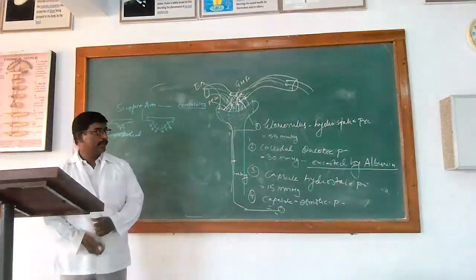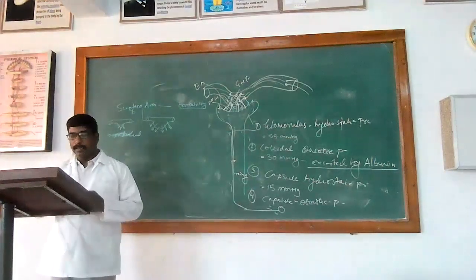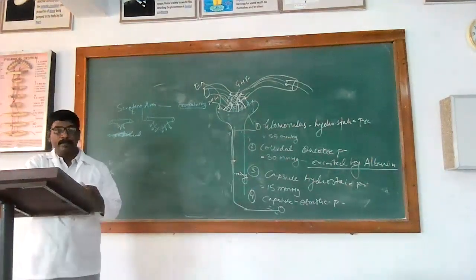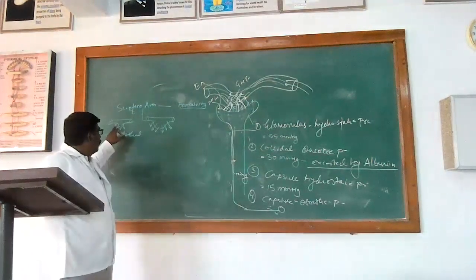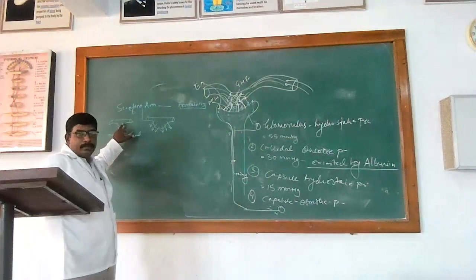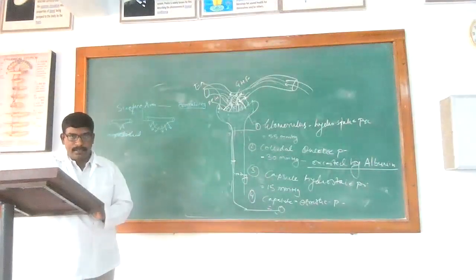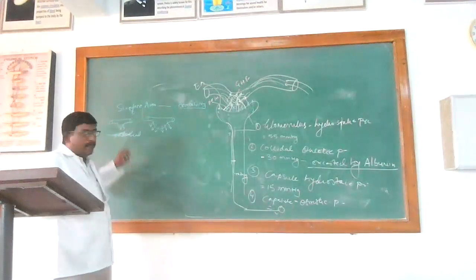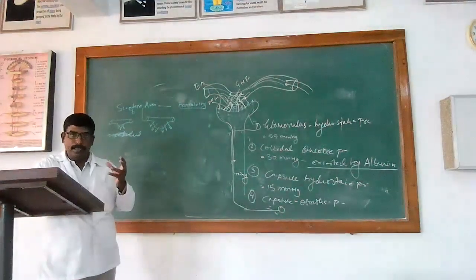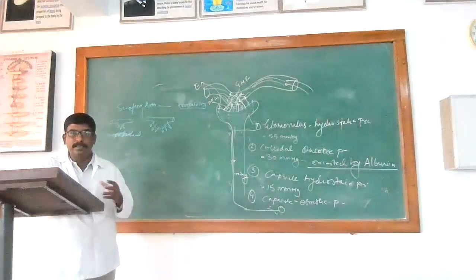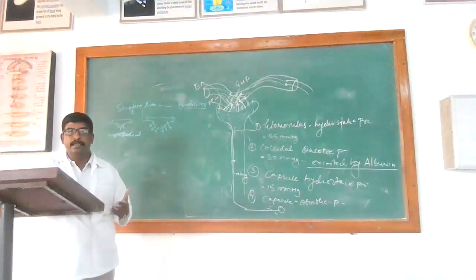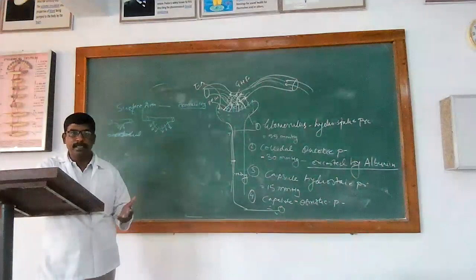In diabetic nephropathy, there is a deposition of some fats and proteins on the surface of the endothelial cells of these capillaries. Right. Due to that, there is less filtration, and the function of these cells gets deranged.